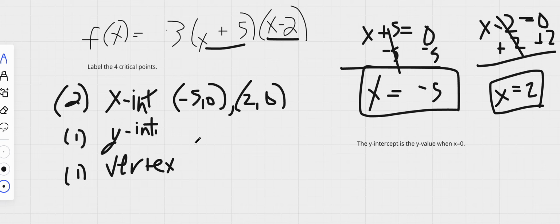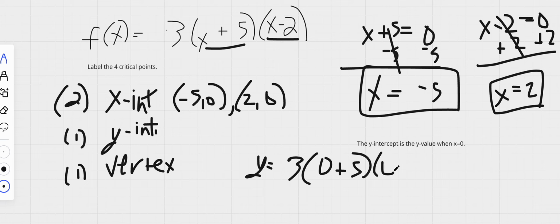All right, so let's make x 0. We'll literally go back to our expression, and we're going to say y equals 3 times 0 plus 5 times 0 minus 2. Right? 3 times 5 times negative 2, negative 30.